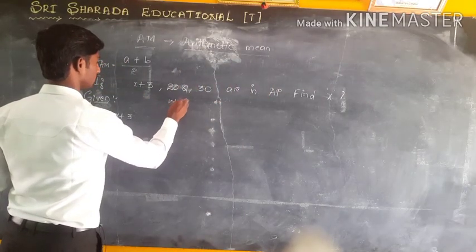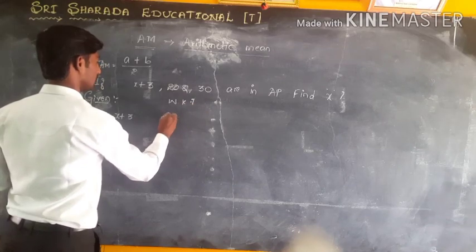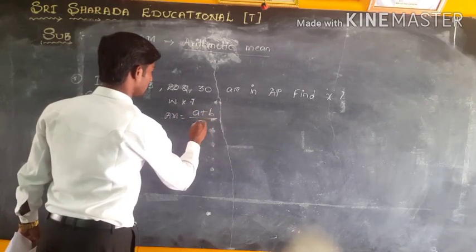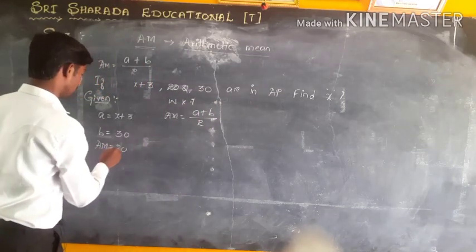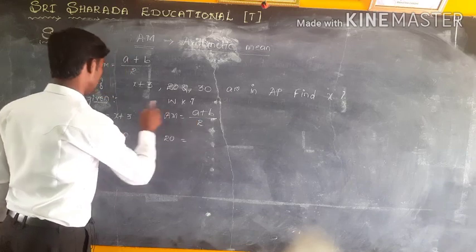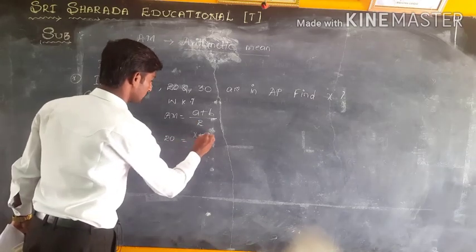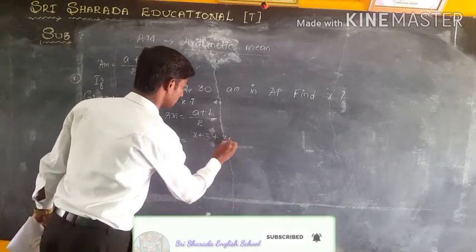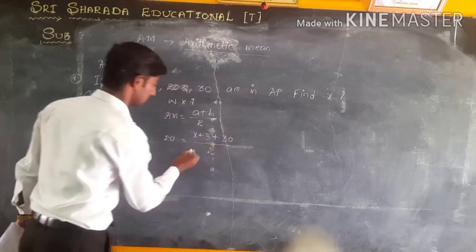We know that arithmetic mean AM is equal to A plus B divided by 2. The arithmetic mean is 20, equal to the A value, x plus 3, plus the B value, 30, divided by 2.